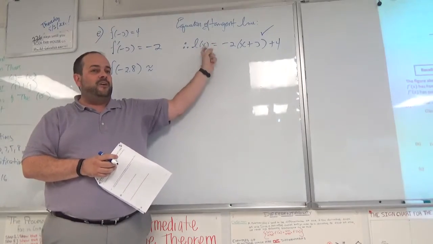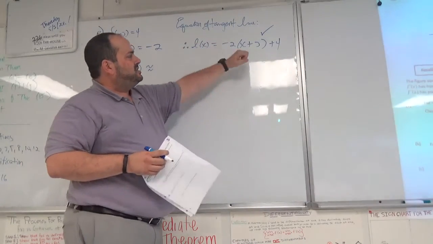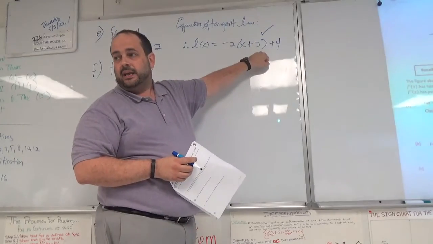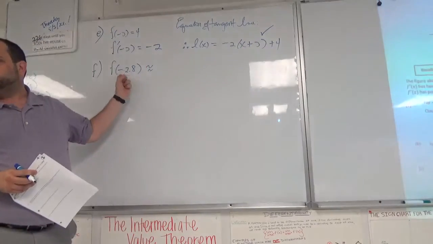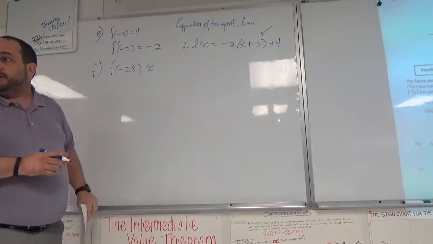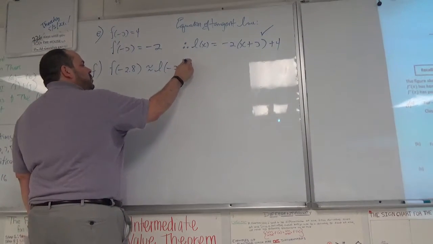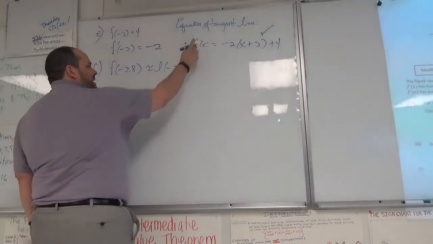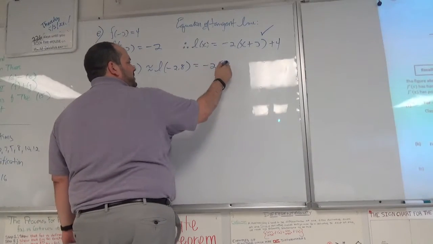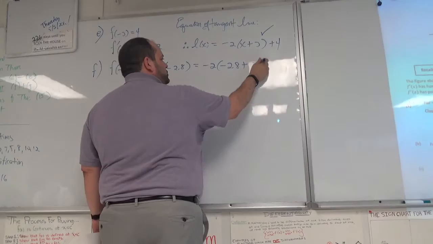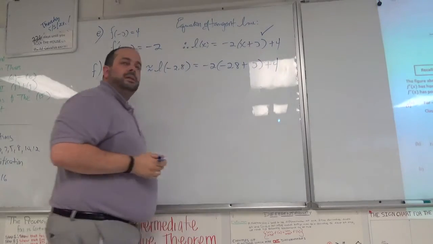That's why you find the tangent line. The tangent line touches the graph at negative 3, and because of that, I can use it to approximate. So I'm going to say that f of negative 2.8 is approximately what I get when I plug negative 2.8 into L. So that's negative 2 times negative 2.8 plus 3, plus 4.